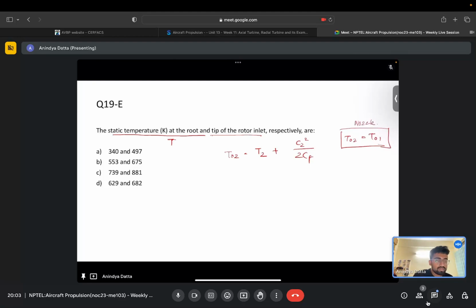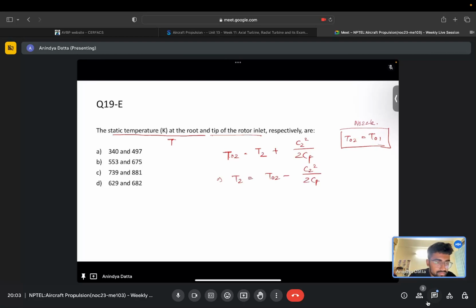Now we have to know C2. T2 is equal to T02 minus C2 square by 2Cp. We know C2 at mean.